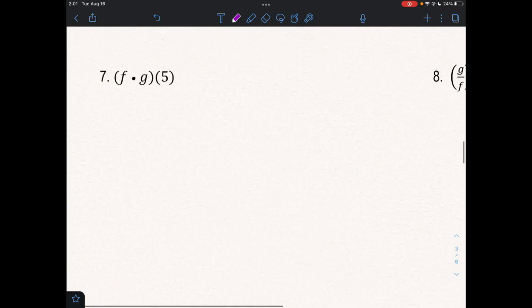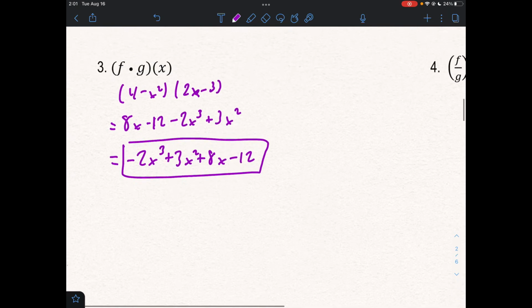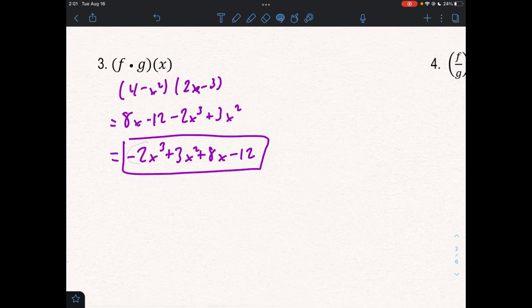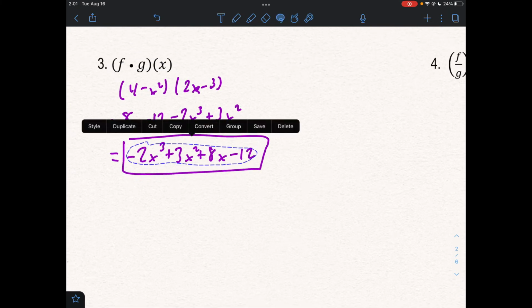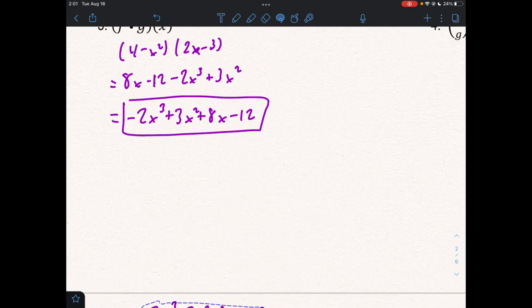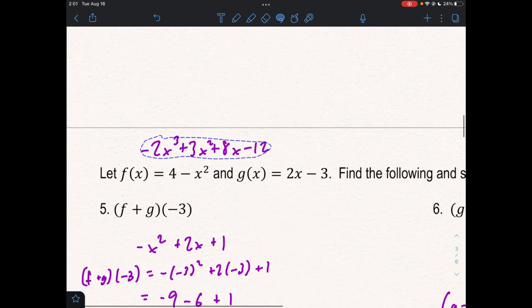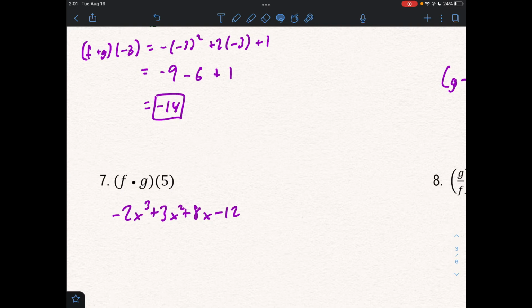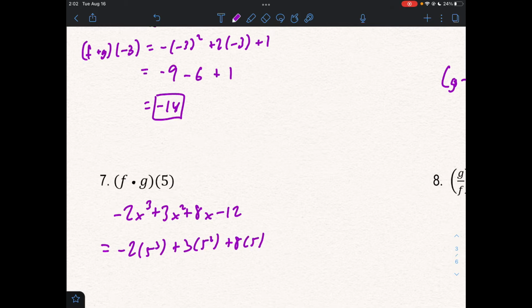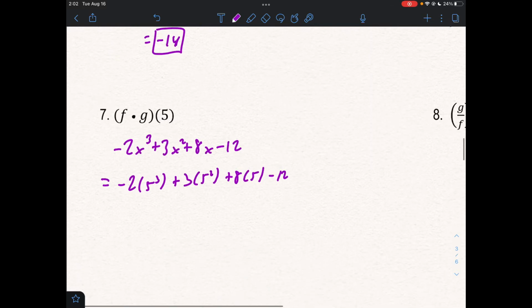f times g of 5, now this is the same as before, so f times g of 5, we can copy this down. f times g of x. And that would just be negative 2 times 5 cubed plus 3 times 5 squared plus 8 times 5 minus 12.